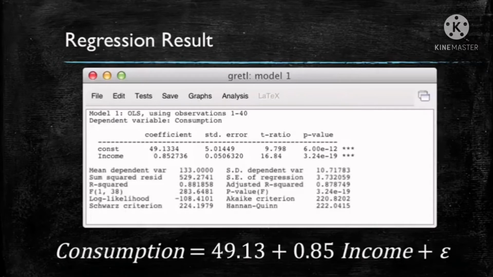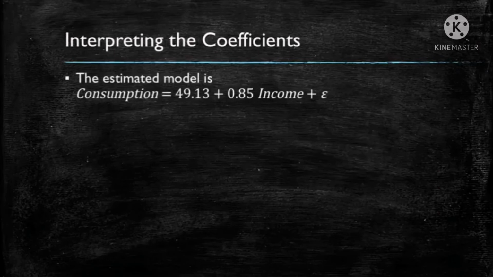Now, what do these numbers mean for our model which tried to see how income explains consumption? Remember, our model is this one right here. Now let's start with 49.13. If income were 0, consumption would take this value, and consumption would be 49.13.